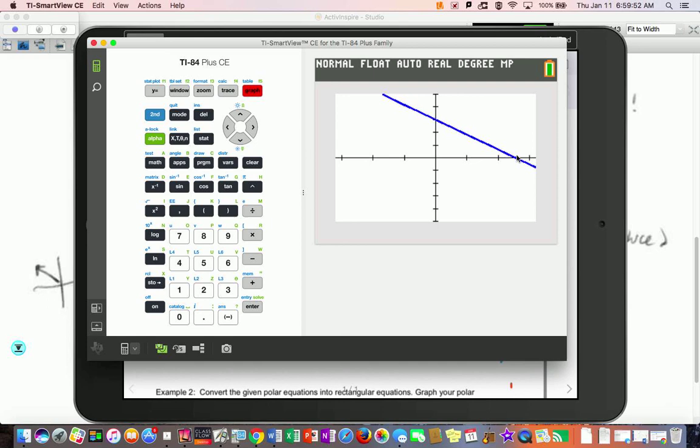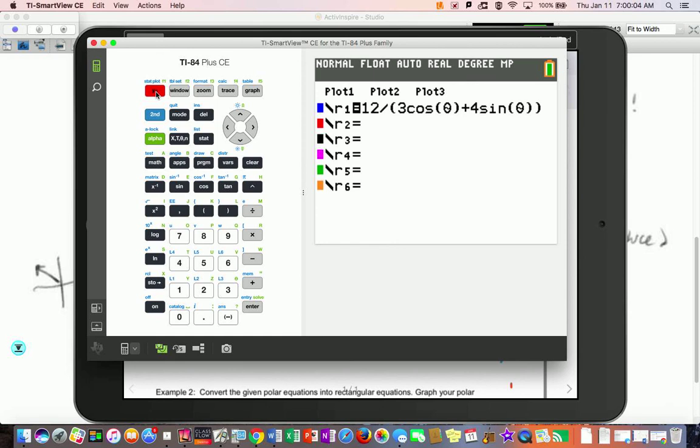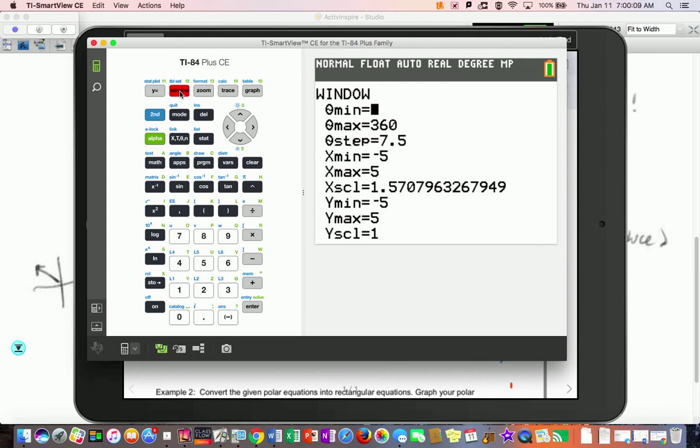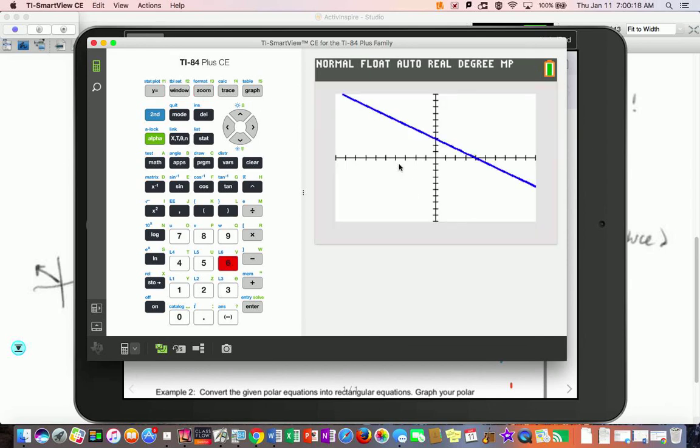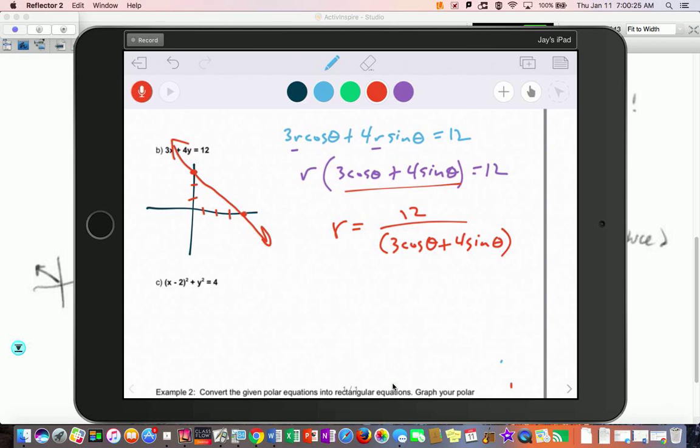Hitting at 3, and not 4, so did I? There we go. So standard window, hitting at 3, 1, 2, 3, hits at 4. So we feel good about our answer.